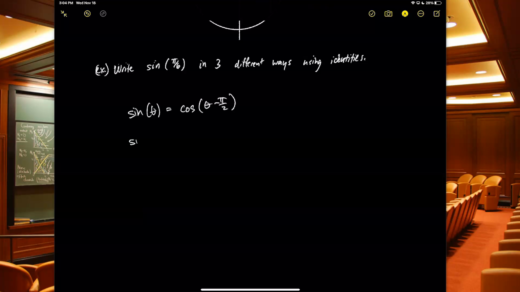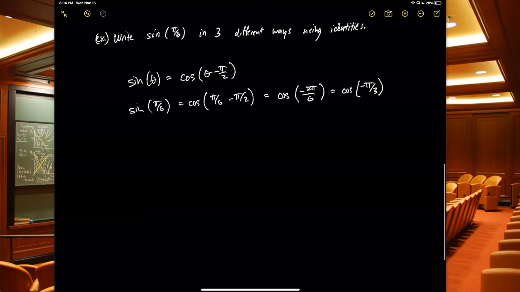So that tells us that sine of pi over 6 is equal to cosine of pi over 6 minus pi over 2. Which is what after we simplify? Well, this is cosine of 1 pi over 6 minus 3 pi over 6. So that's negative 2 pi over 6, which is really cosine of negative pi over 3. So that's the cosine of negative 60 degrees.